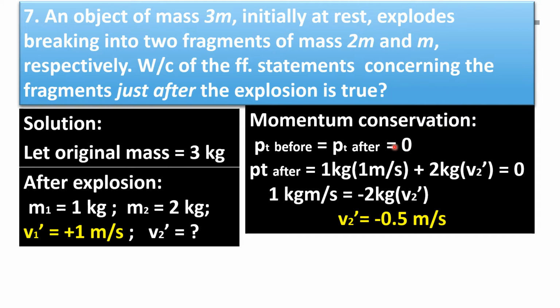Now, the total momentum after the explosion is what we're going to use here, which is equal to the sum of the two momenta: the momentum of the smaller mass plus the momentum of the bigger mass just after they exploded.